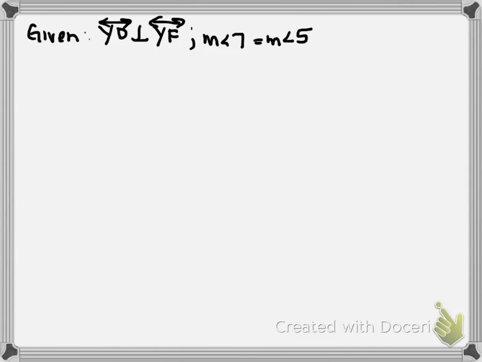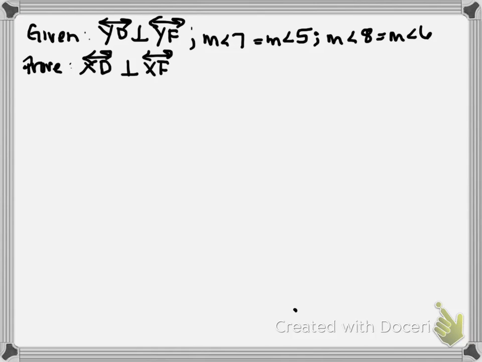We're also going to be told that the measure of angle 8 is equal to the measure of angle 6. And we are going to prove that line XD is perpendicular to line XF.